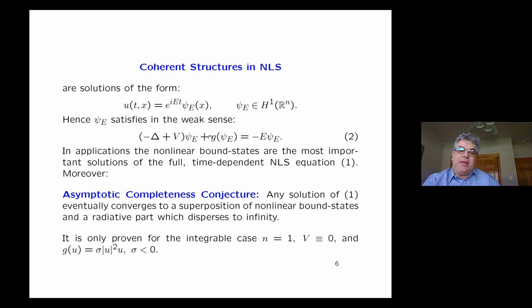There have been a lot of results about the nonlinear eigenfunctions or the coherent structures supported by this nonlinear Schrodinger equation. But the point is, most of the techniques are variational, and none of them can pretend that they are going to look for all possible solutions. They usually reduce it to a particular case, a particular form, and give no information about what happens in general.